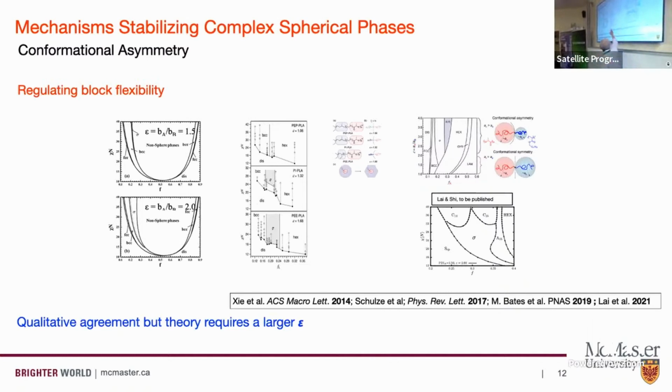And indeed, what you see on the top, when the conformational asymmetry is about 1, is normal: just body-centered cubic and cylinders. But when the conformational asymmetry parameter becomes about 1.3, a window for the sigma phase comes up. And when this parameter is about 1.7, it is larger. This is quite consistent with the phase diagram calculated from self-consistent field theory.